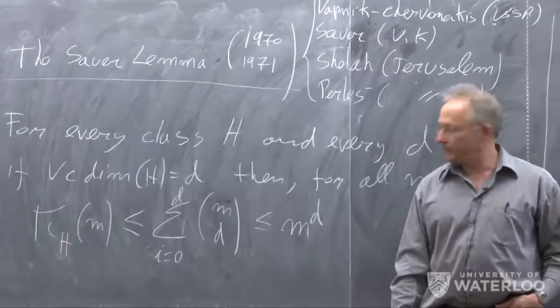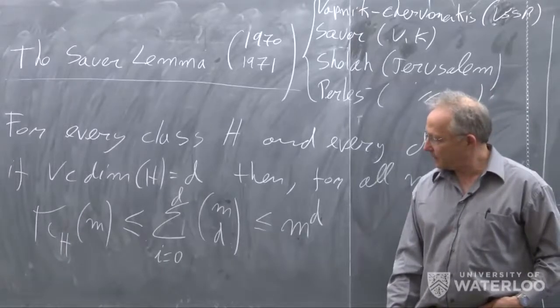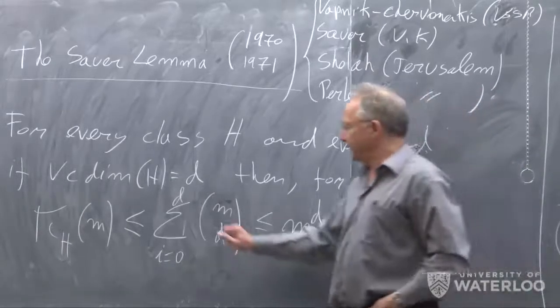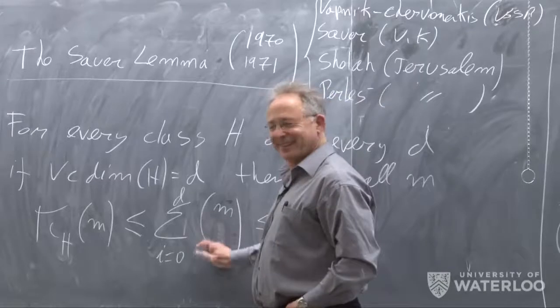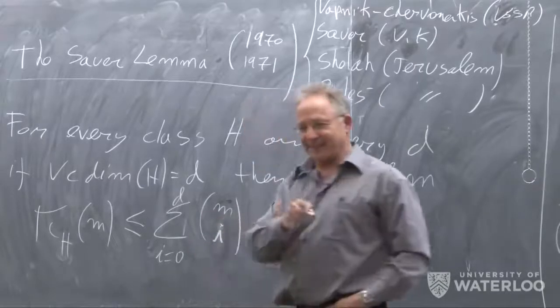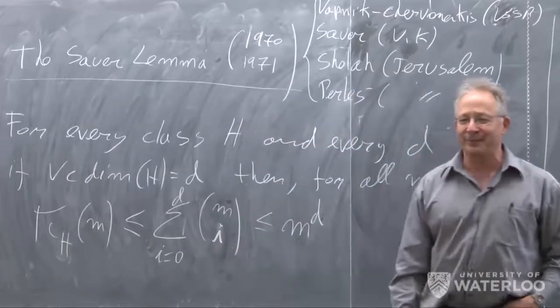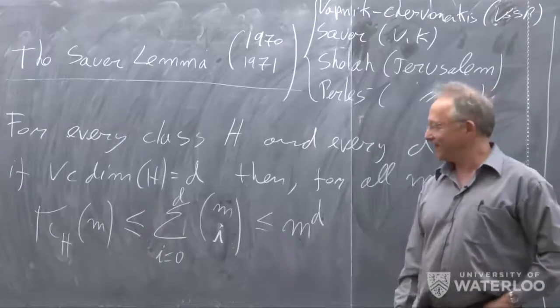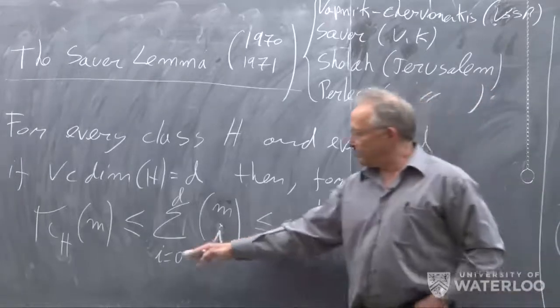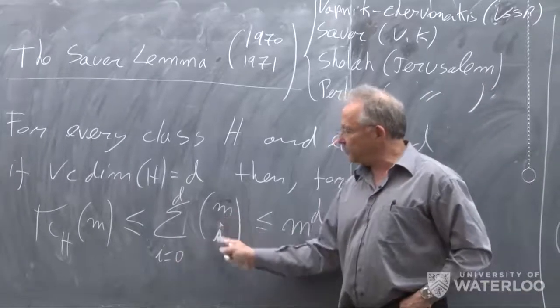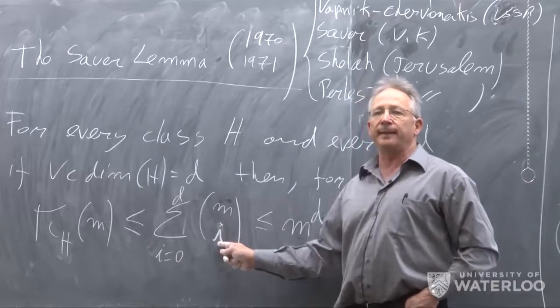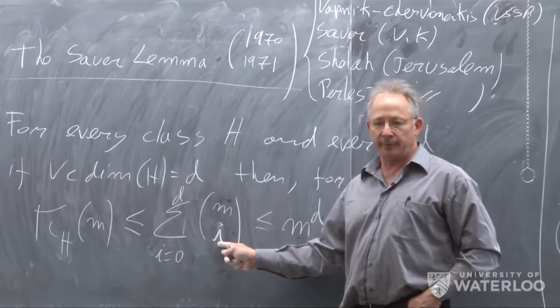Yeah, very good point. Yes? Sorry, the subscript I, where is that in the rule? Oh, very good. This is great. This is I, and this is a bonus point if you're taking the course for credit. This M choose I tells me how many subsets of size I do I have.